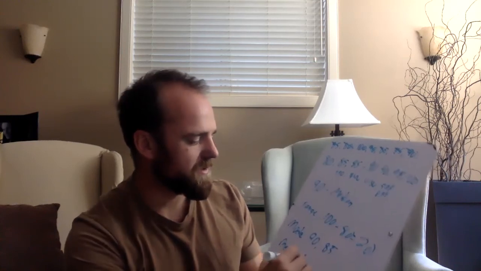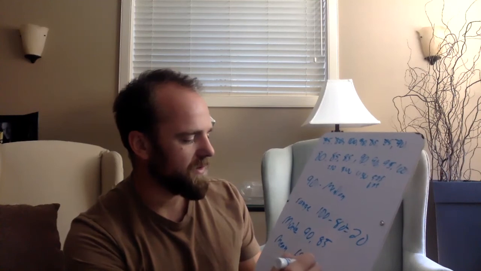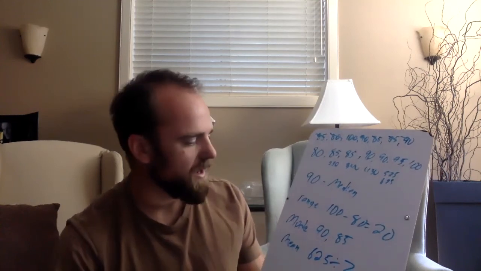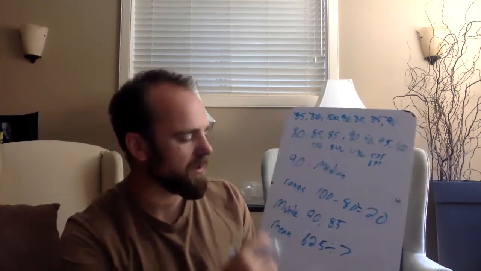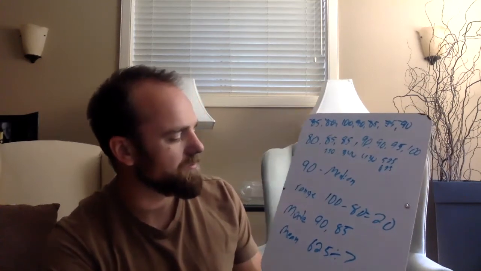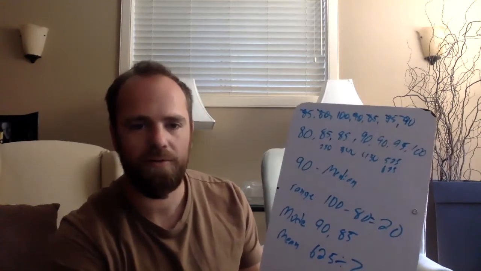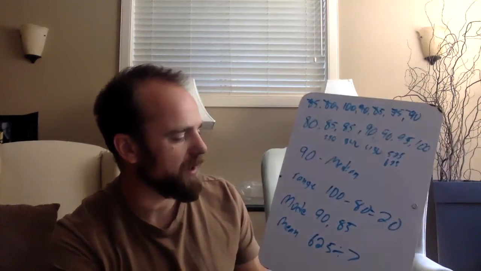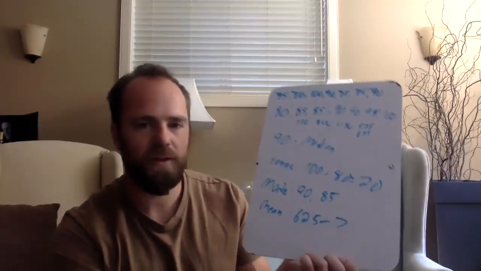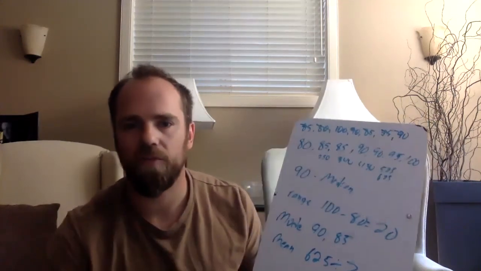So we have 625 divided by 7. That's how we would calculate our mean. I can't necessarily do that number directly in my head, but if you were to do that calculation, you'd be able to figure out what our average is for this piece of data. I imagine it's going to be somewhere around 90 in this situation.